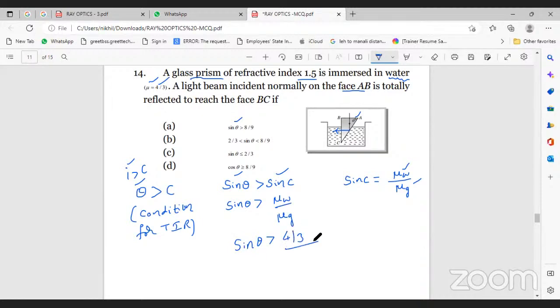Yes, sir. What is the refractive index of glass? 1.5, sir. 1.5 can be taken as 3 by 2. So 2 goes up, right? Yes, sir. If 2 goes up, it becomes what? So sine of 8 by 9. Sin theta should be more than what? 8 by 9, sir.